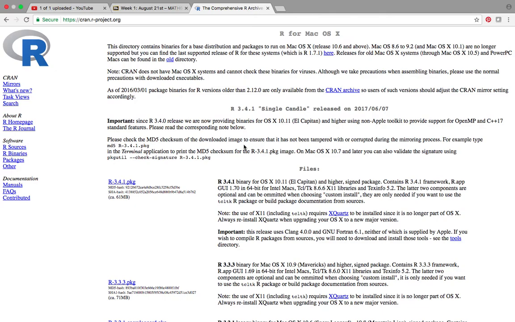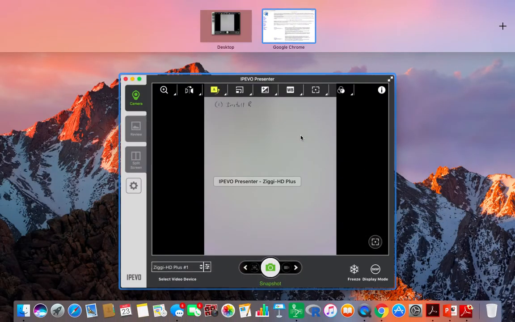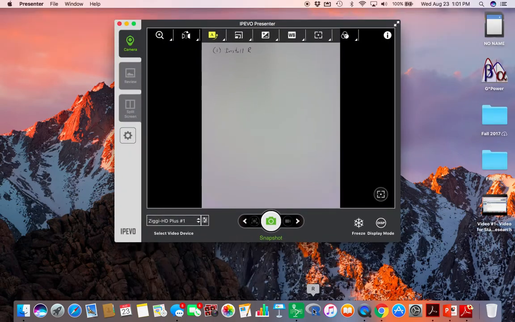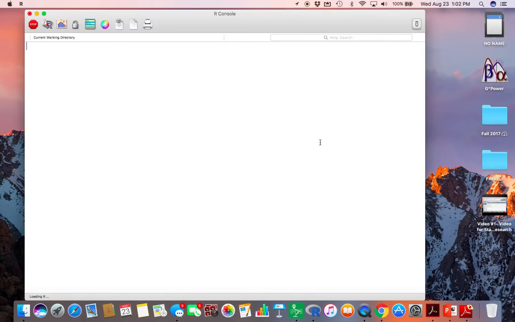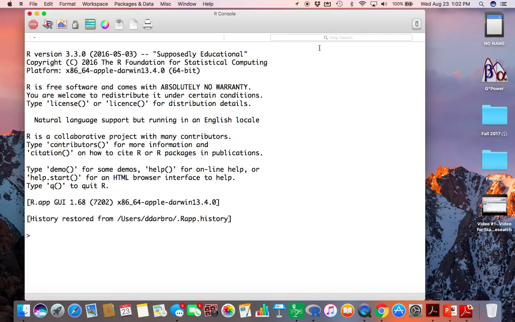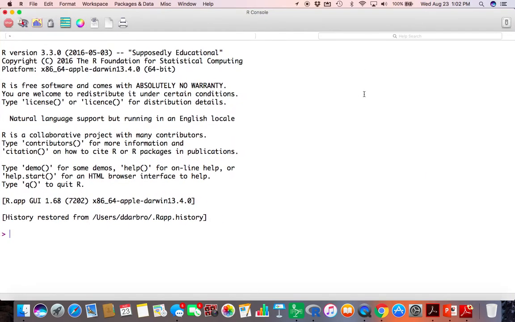It doesn't matter, I just want everything to be consistent so we can minimize issues. So guys, once you get R downloaded, it's going to look like this. And this is the statistical software package that we're going to use to do our computing.